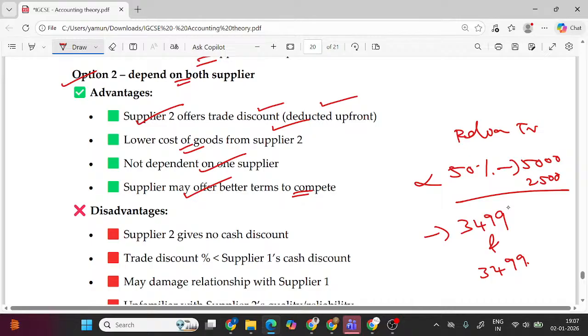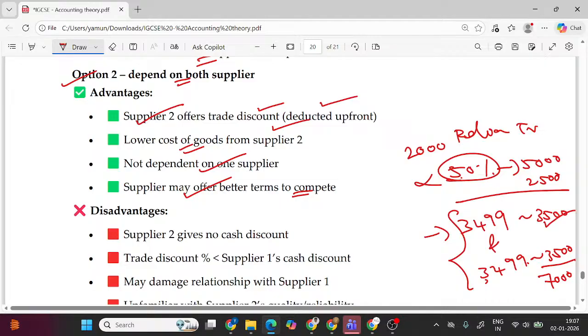You shop for 3,499, so approximately 3,500, you get garments worth 3,500. Which means you shop for 7,000 and you pay 3,500. The same only, no? But in this case, when it is 50%, what will you do? You'll buy for 2,000 and pay only 1,000. But in the other case, definitely you'll buy for 7,000. So there are a lot of things.